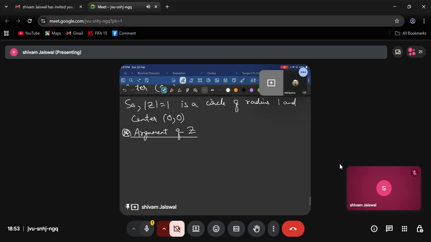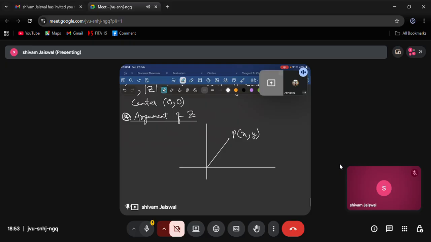Okay. So everyone, let us say that there exists a complex number z on the Argand plane. Let us call this point P (x, y). It makes an angle theta with the positive x-axis.